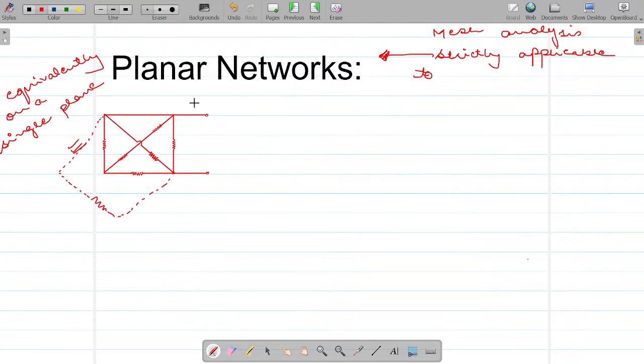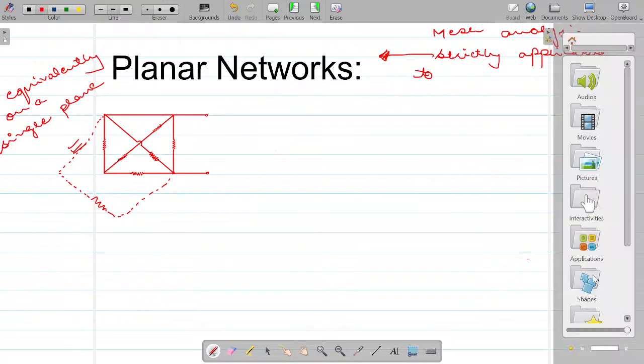Your network, which was initially non-planar by the look of it, can now be drawn equivalently on a single plane. In such networks, even when they are non-planar, mesh analysis would apply.